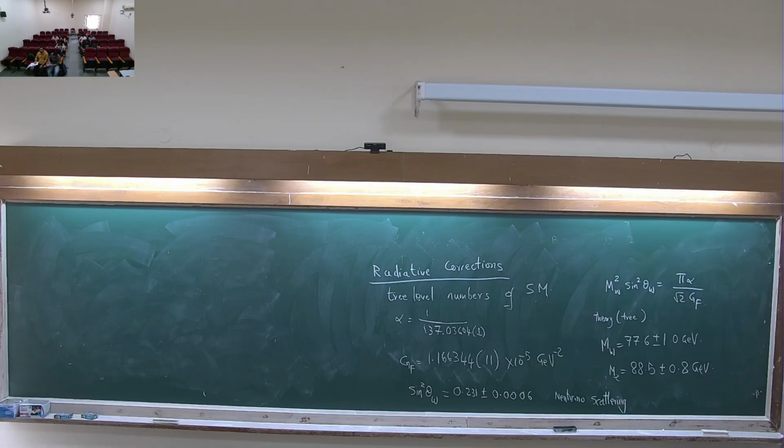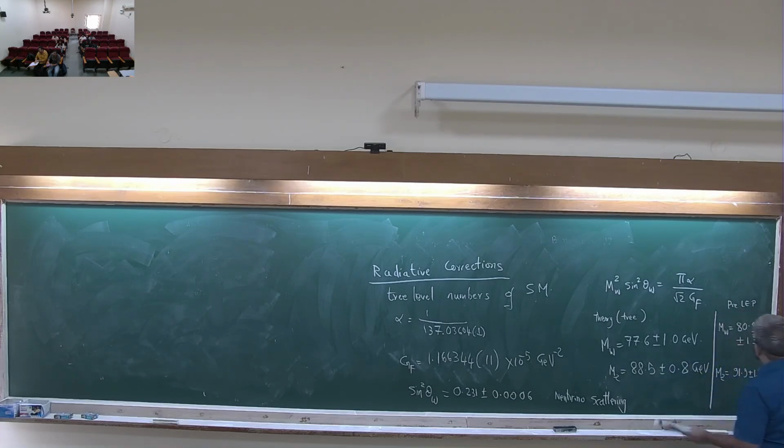These are your theory numbers. Now compare them with experimental numbers. These are pre-LEP, for example; at LEP they became more precise. So MW in experiment was 80.9 plus minus 1.3 GeV, and MZ in experiment 91.9 plus minus 1.7 GeV.